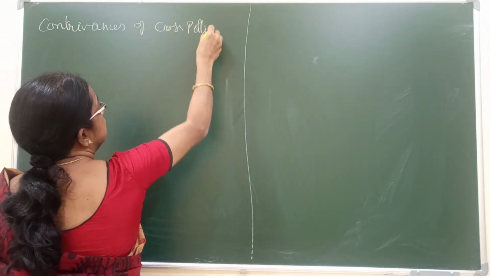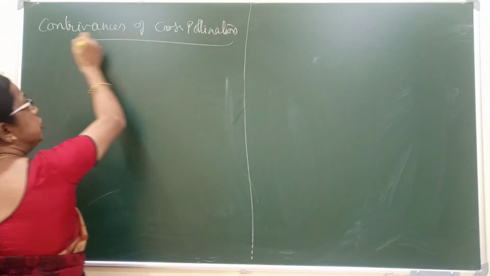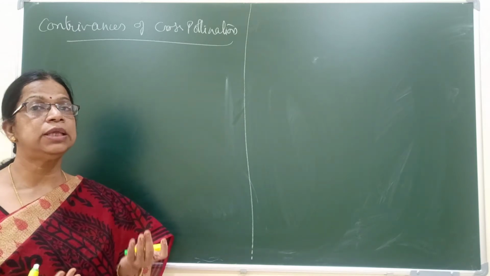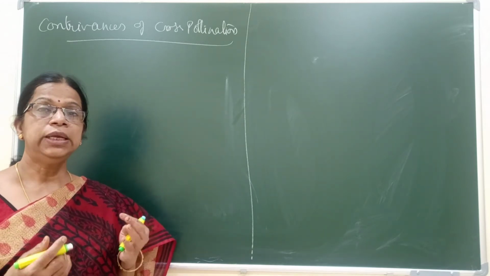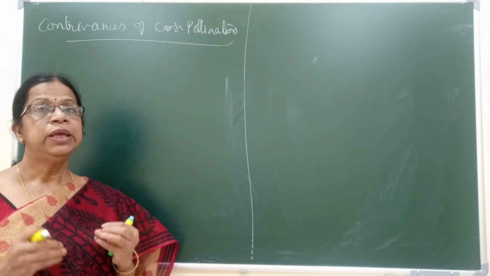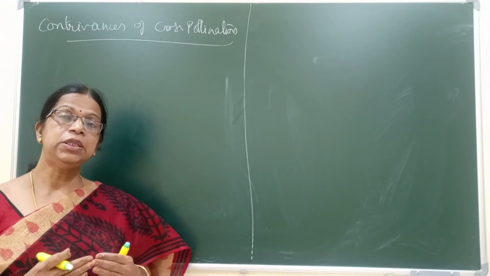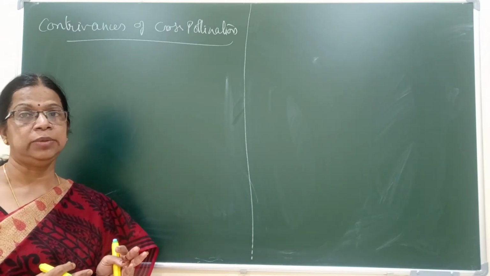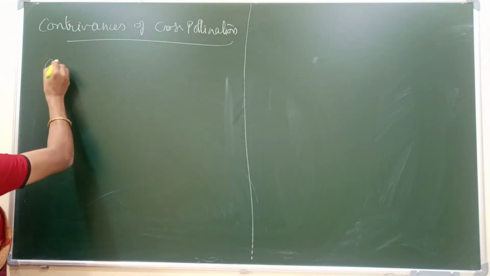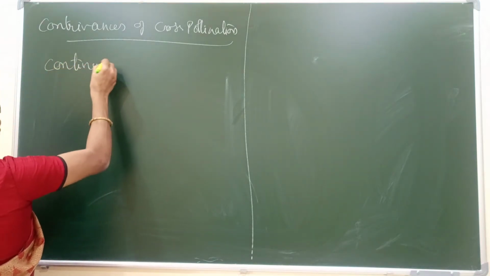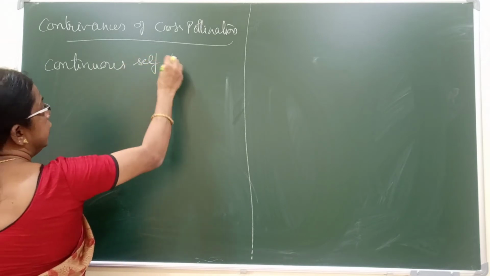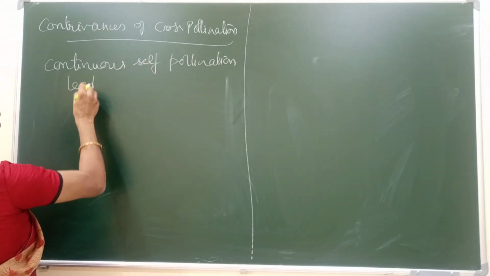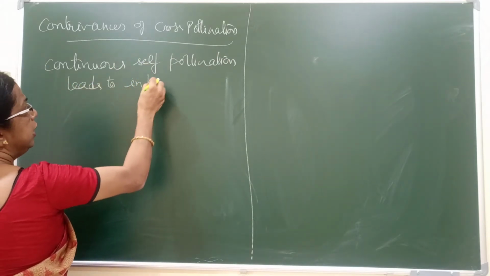Normally the majority of flowers are bisexual, or hermaphrodite. So there is always a chance of self-pollination, but plants adapt themselves to perform only cross-pollination and avoid self-pollination, because continuous self-pollination leads to inbreeding depression.